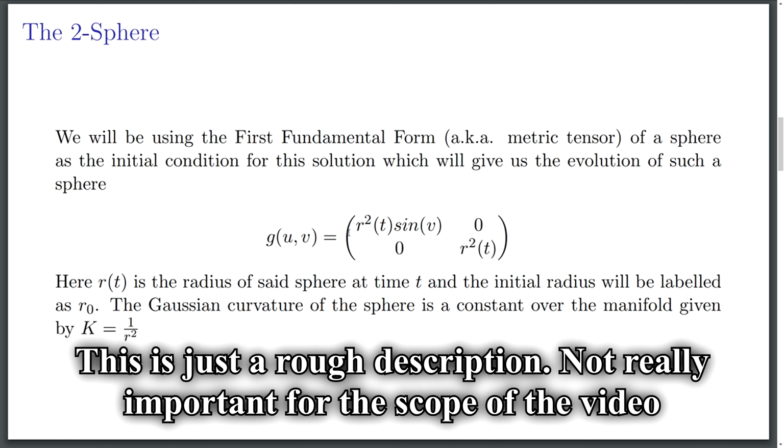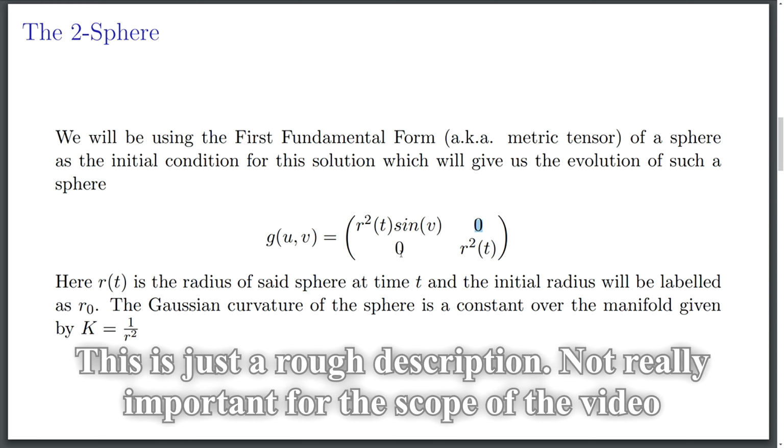And then for each one, you take the derivative with respect to u and the derivative with respect to v, and dot product them, such that this is partial u dot partial u, partial v dot partial v, and these are the cross terms here. So that's basically just a loose definition of where this comes from. You could look it up, it's easy to understand.